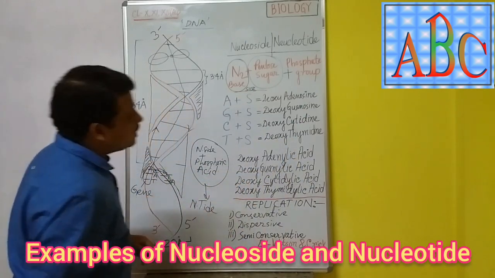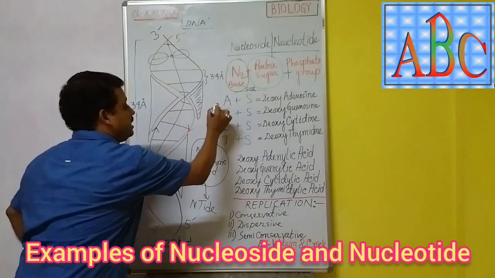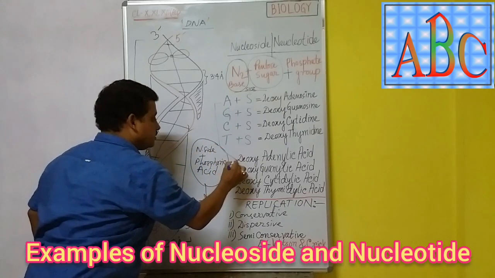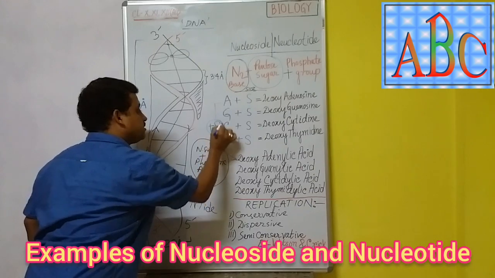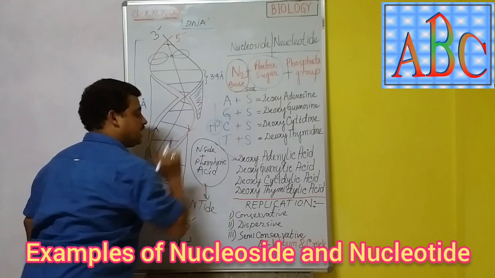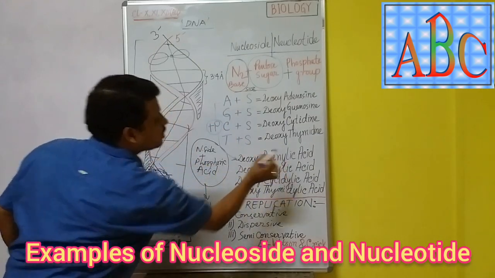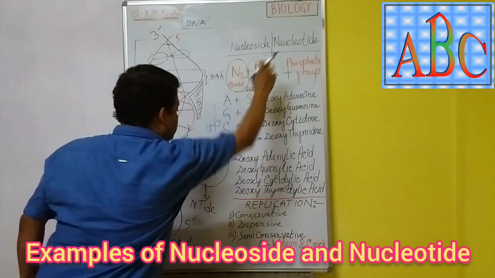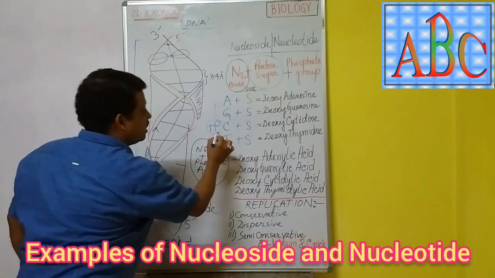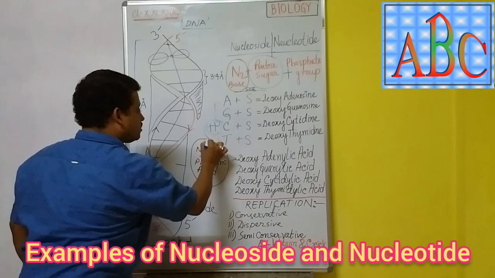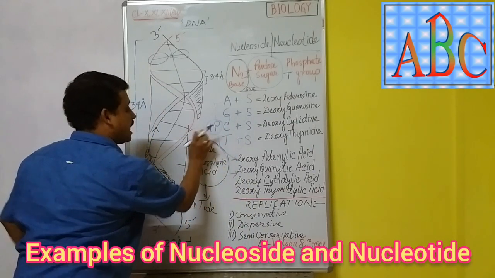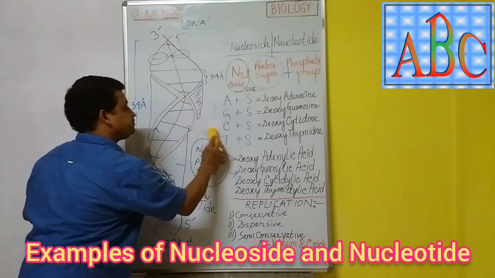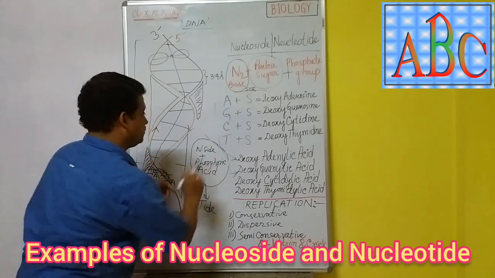In the same way, when deoxyadenosine is added with phosphate, as phosphoric acid, it will form deoxyadenylic acid as a nucleotide. Again, if guanosine is added with a phosphate, we can write it like this.